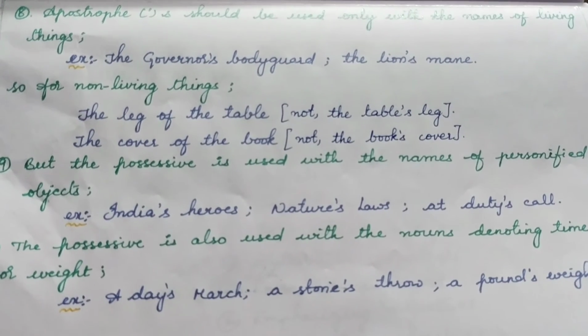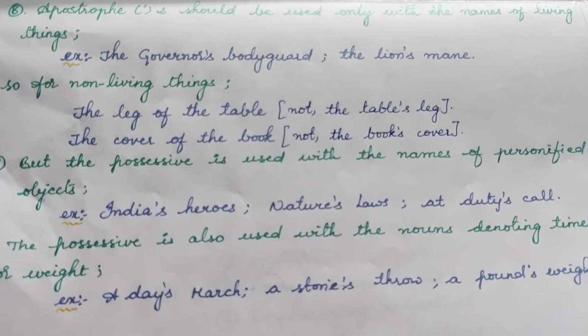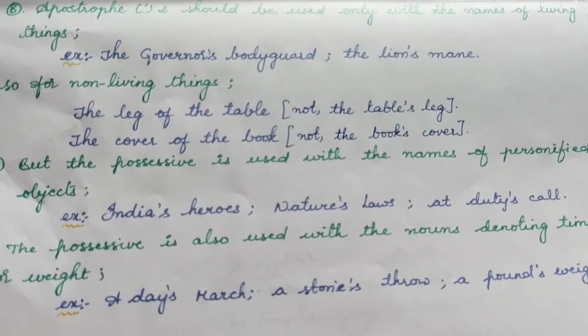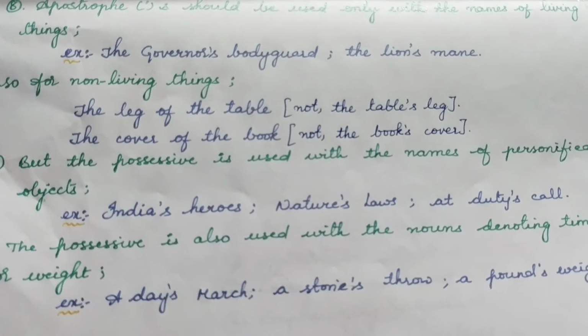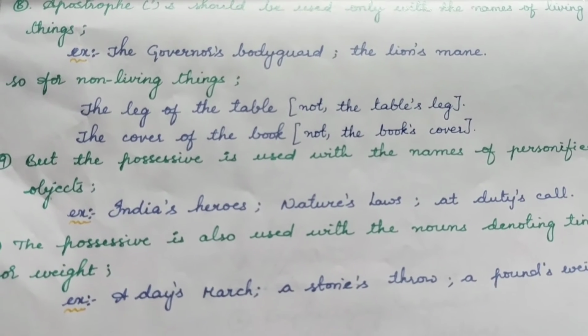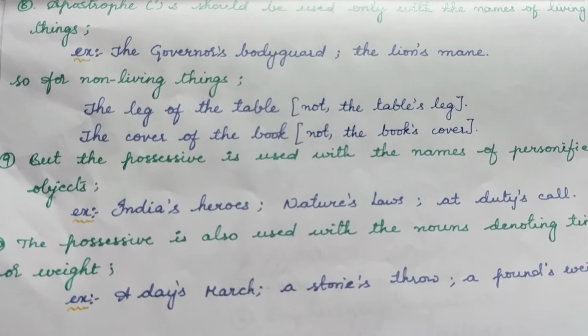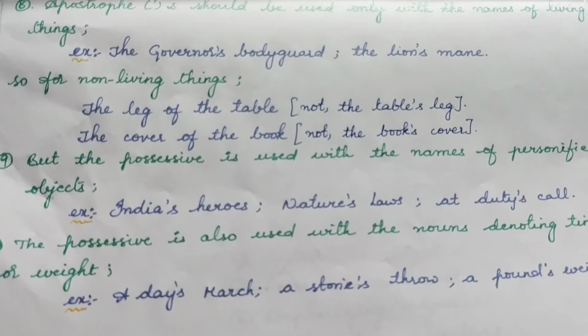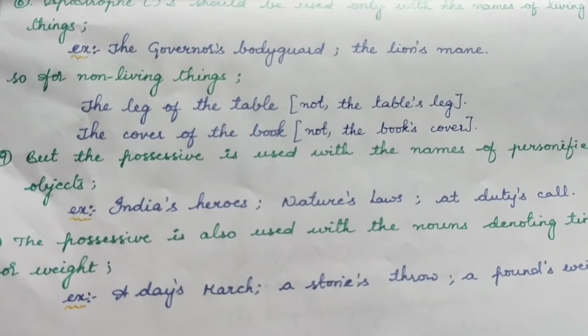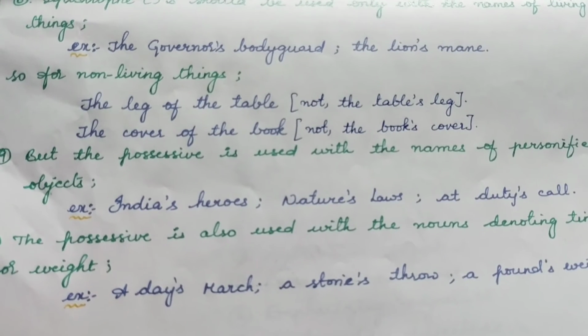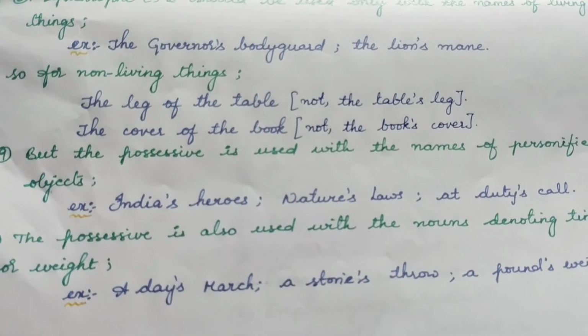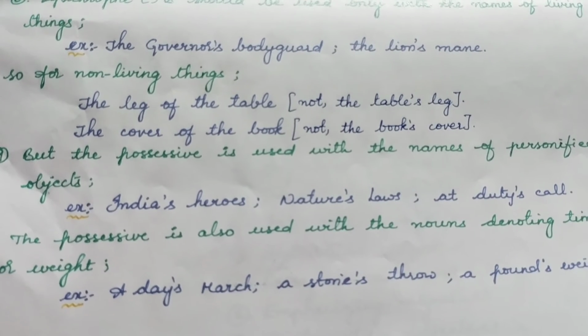Coming to the eighth rule, apostrophe s should be used only with the names of living things, like the governor's bodyguard, the lion's mane. So for living things, we should use apostrophe s. It means that for non-living things, we should not use it. Like the leg of the table, the cover of the book.